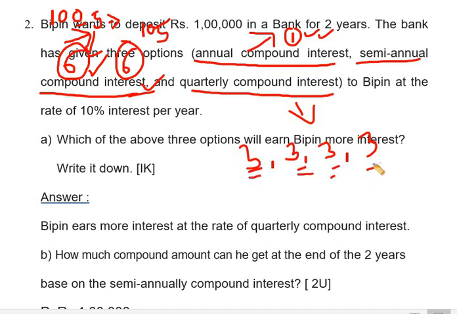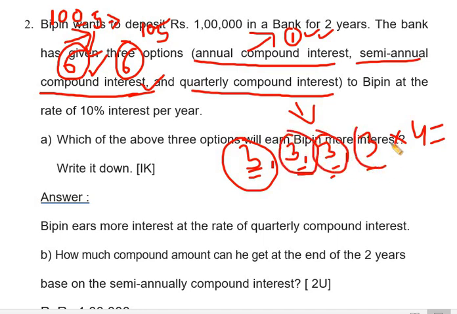So at the end of 3 months, the bank or any institute provides you interest. After 3 months you will get some interest. Now it will be converted into principal. Again interest is earned on it, and it will be converted into principal.